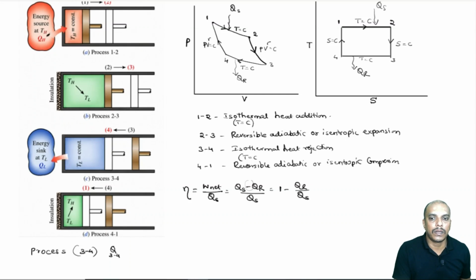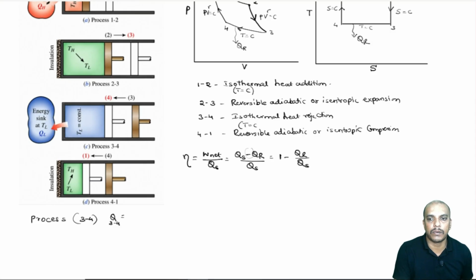Q 3 to 4 will be equal to, remember this is reduced from our first law of thermodynamics, Q minus W is equal to delta U. If you are applying this between 3 and 4, this will be the equation, but for a constant temperature process delta U will be 0. Okay. Therefore, Q is equal to W.